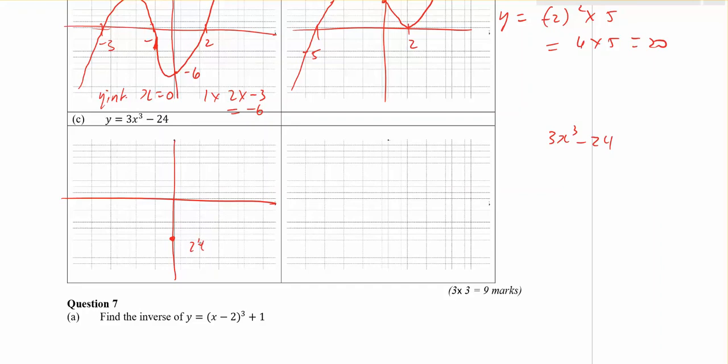That's your SPLOI. You need to find the x-intercept, so y equals 0. So I'm going to write 24 equals 3x cubed. Divide both sides by 3. 8 equals x cubed. X equals the cube root of 8, which is 2. And you're done. Your y-intercept happens to be your SPLOI point as well.